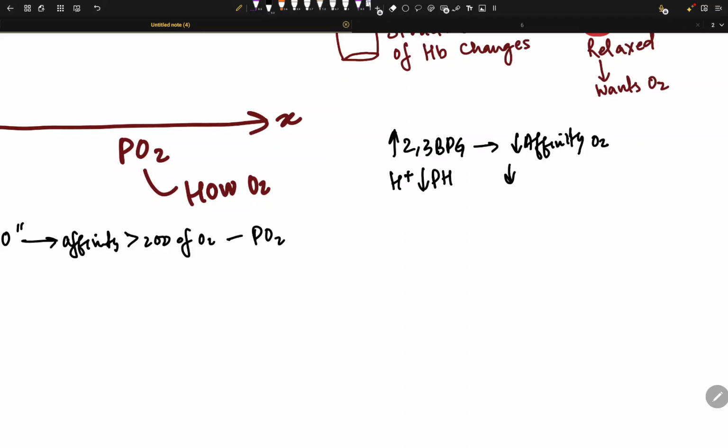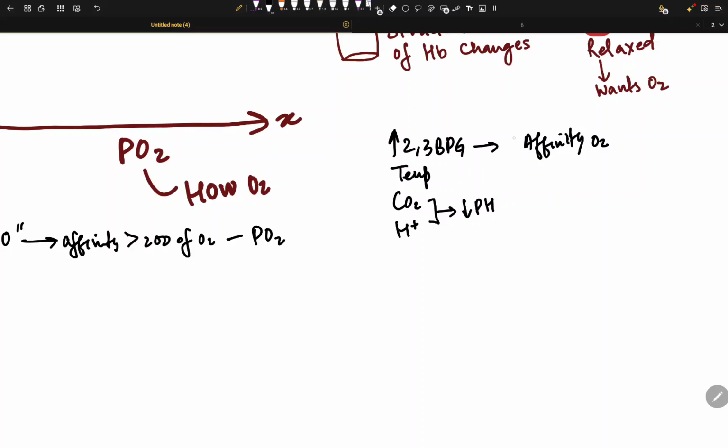And even higher temperatures, like when you have a fever, decrease the affinity for oxygen. So all of these things, like temperature, carbon dioxide, which is acidic in nature, and H+ ions, which are also acidic in nature, lead to a decrease in pH, and that makes your blood acidic.